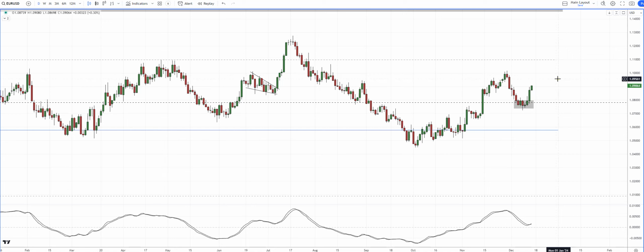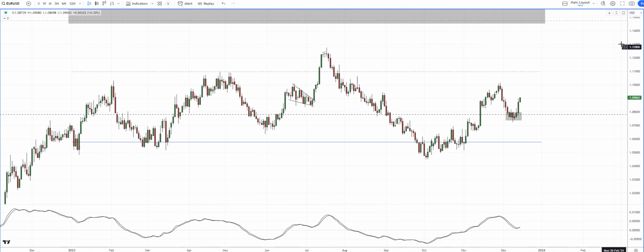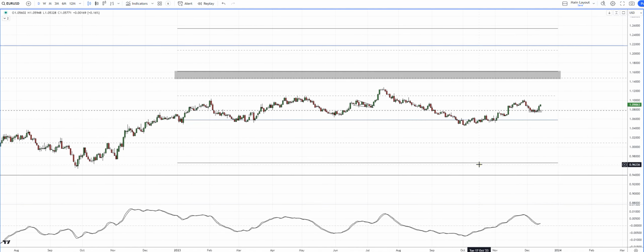So once January rolls around, January 2024, we're going to have a new set of short-term pivot levels, and then we're going to be able to calculate the new median zones and how the market's going to react to certain levels going into the new year, right? The long-term levels are still intact.